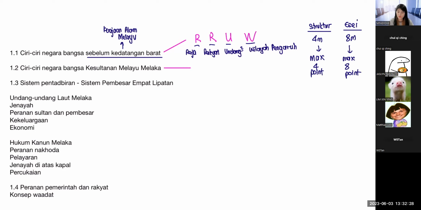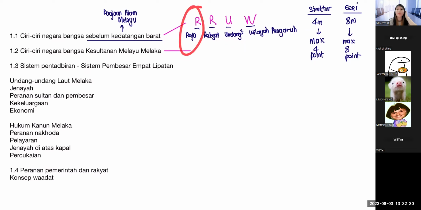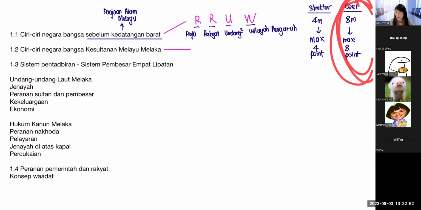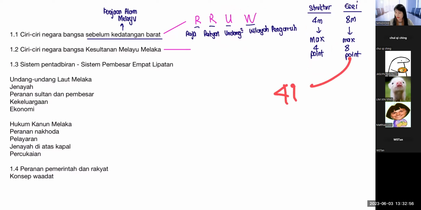So for example, if you see that Raja has a lot of points, say 6 points, you just remember a maximum of 4. Rakyat has 4 points, you remember all 4. Undang-undang only has 2 points, then you remember all 2 because the maximum is 4. Wilayah Pengaruh has 4, then you remember all 4. But for essay, 8 points means you remember 4 fakta and 4 huraian.